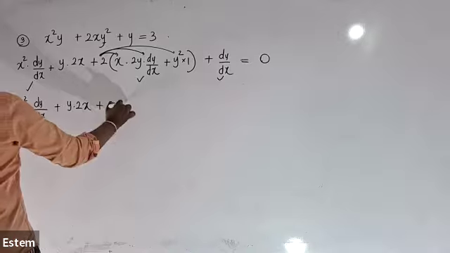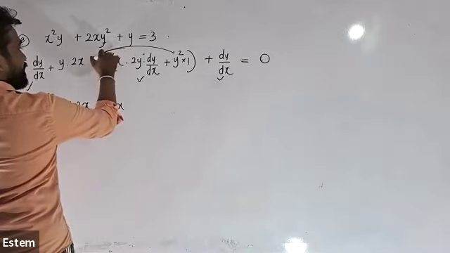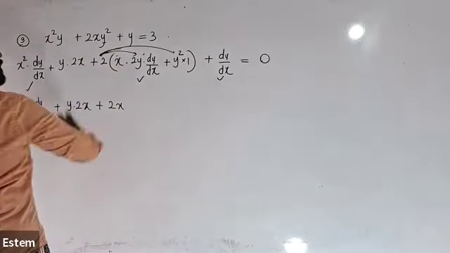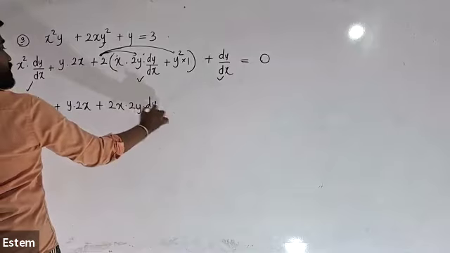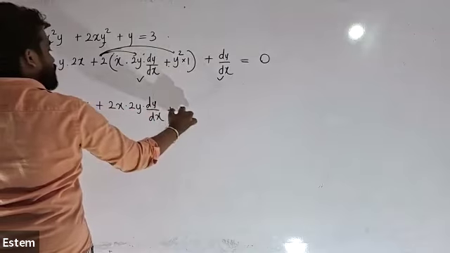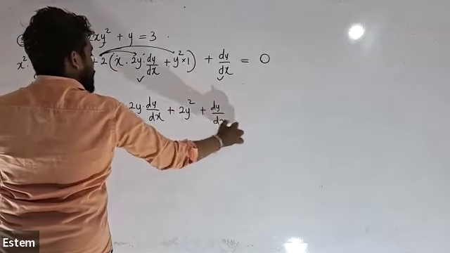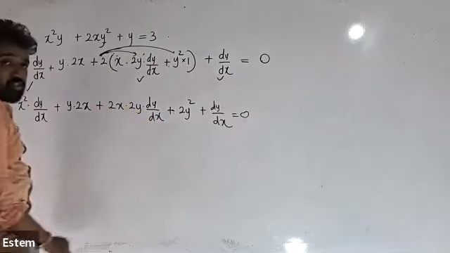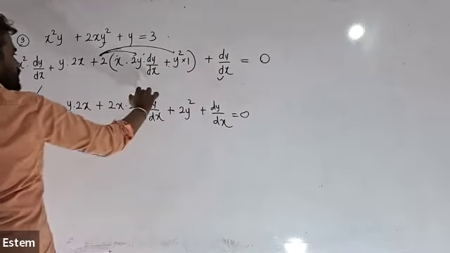Oh, sorry, only this. 2x, 2y, and dy over dx, plus 2y squared, plus dy over dx equals 0. Then I think it's time, no? We should notice what are the terms with dy over dx.